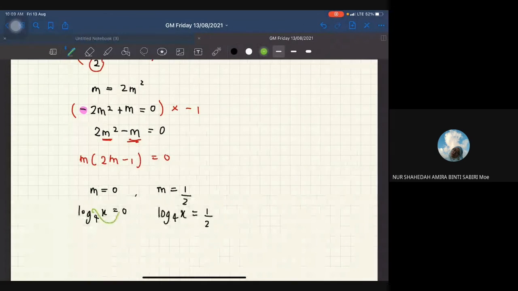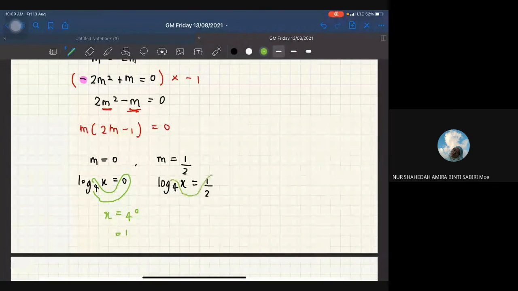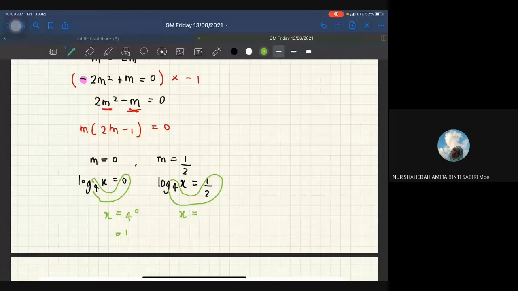Okay, so this one, dia akan jadi x equal to 4 to the power of 0 is equal to 1. Okay, so settle. And then yang belah kanan, guna teknik kacang lagi sekali. So you will have x equal to 4 to the power of 1 over 2. 4 to the power of 1 over 2 is equal to 2. So you will have 2 as your answer.